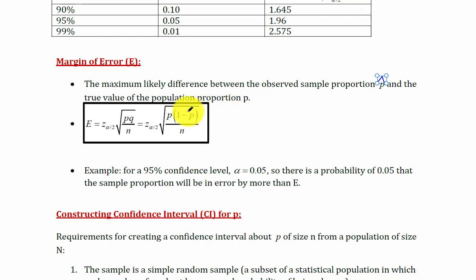Now the way we can find the margin of error E is that we take the Z alpha over 2, or the critical value, multiplied by the square root of P hat times Q hat, divided by n. Let's write this here.